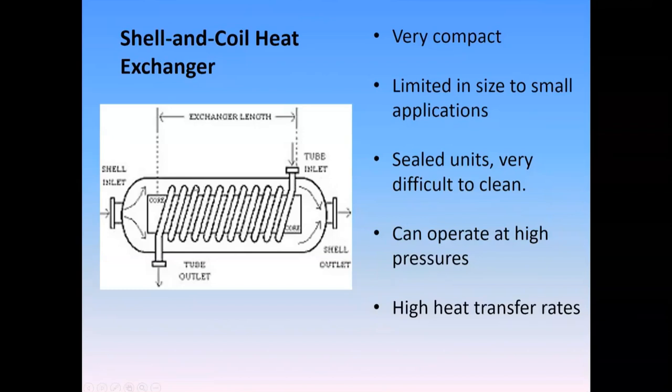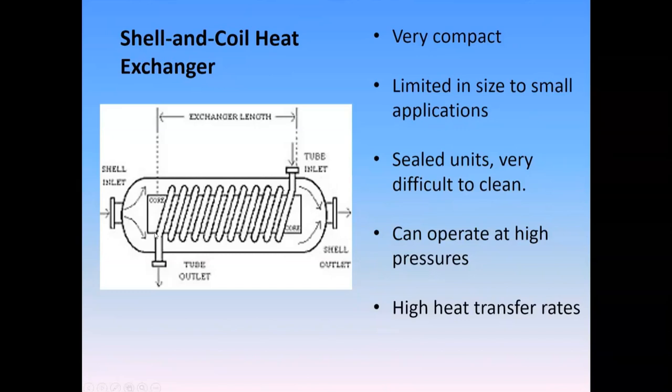Basically we have the same thing: some sort of outer casing, and then inside we'd have just a coiled tube that runs through. So it looks similar to a shell and tube, but we don't have as complicated a design inside.